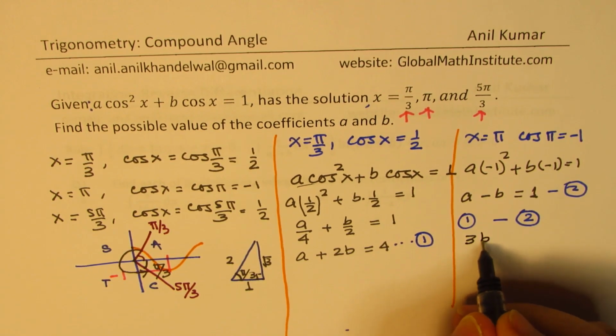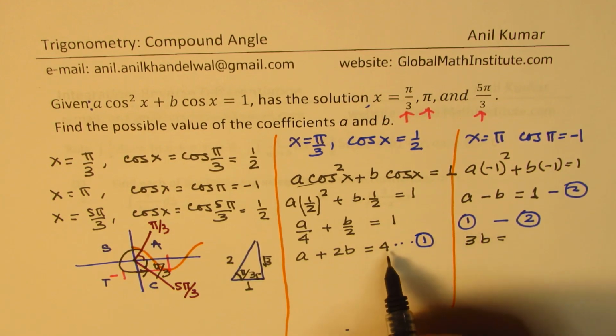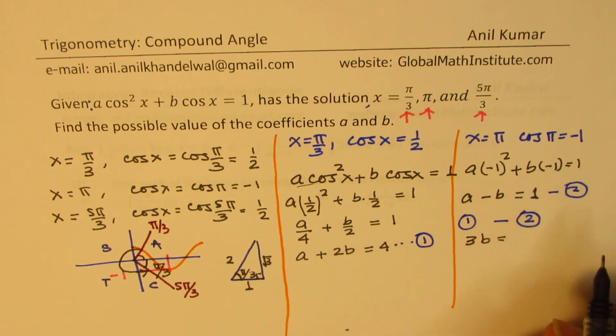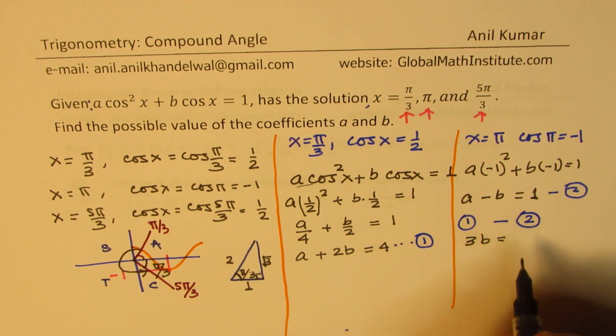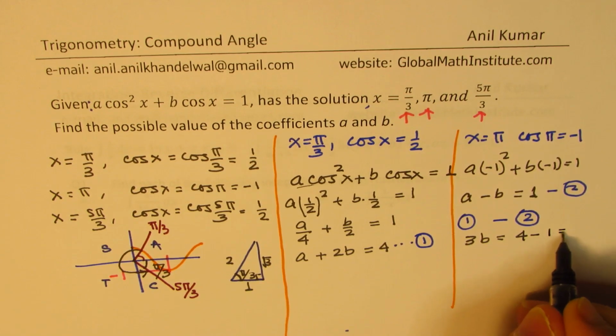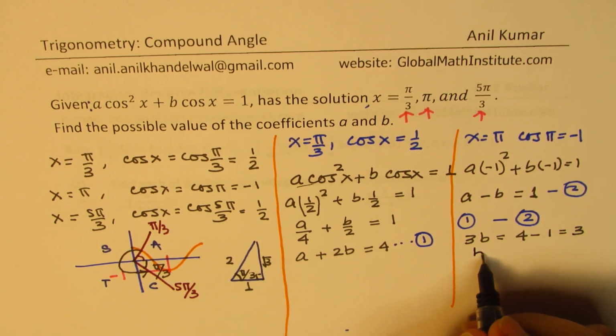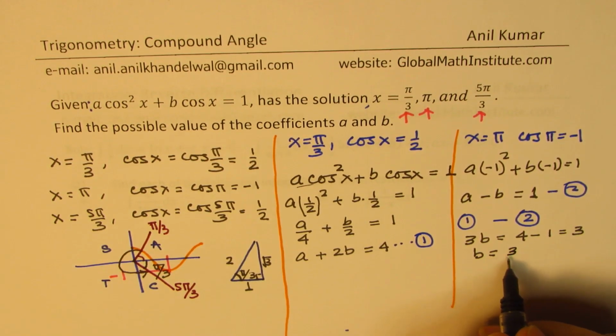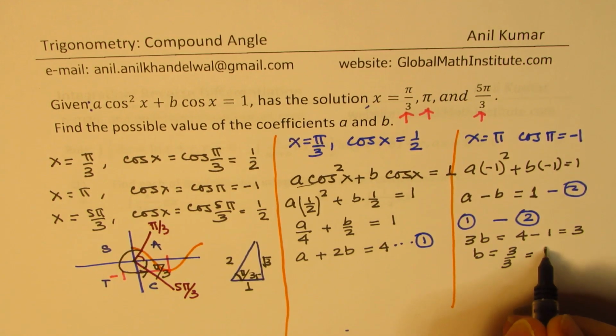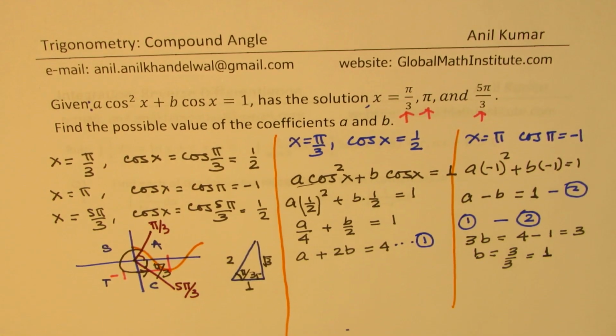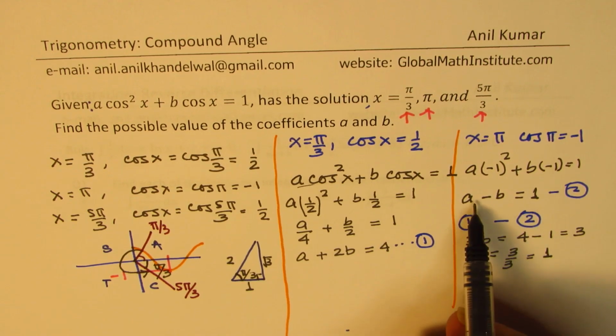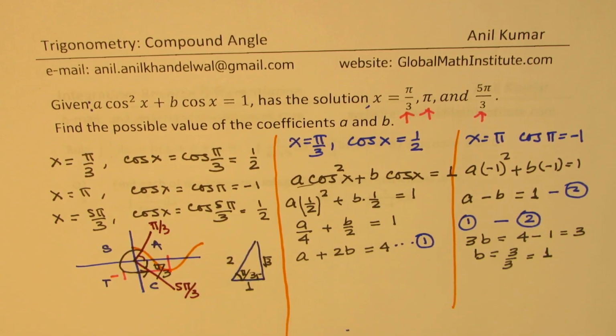So we get 3b equals 4 minus 1, which is 3. And that gives you the value of b, which is 3 over 3, or we can say b is equal to 1. Perfect. Now b is 1, so we can now find the value of a also.